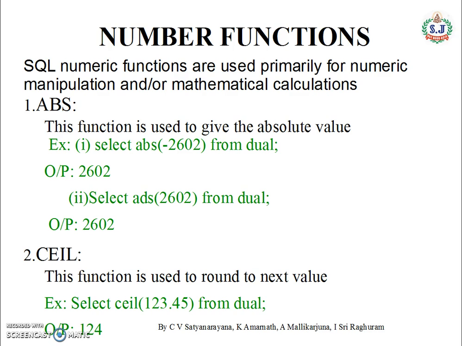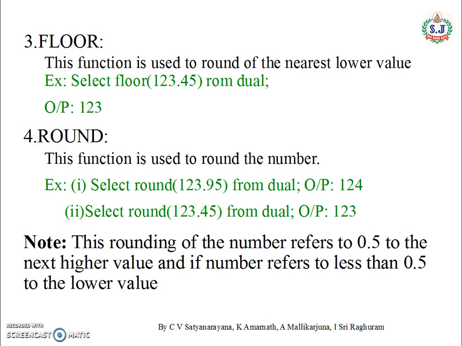The third function is the floor function. This function is used to round to the nearest lower value, which is made clear with the help of this example. The same example again we are using here. The number 123.45 is given and it is used as a part of a query, and the result we get here is 123 once again, since the value that will be returned is the nearest lower value.